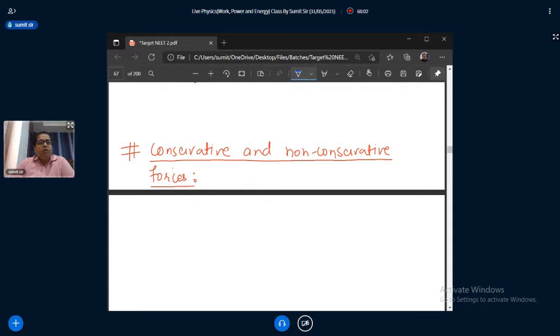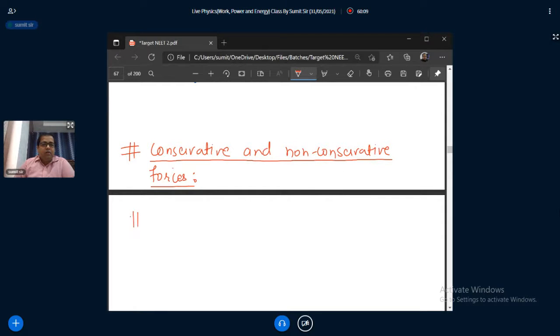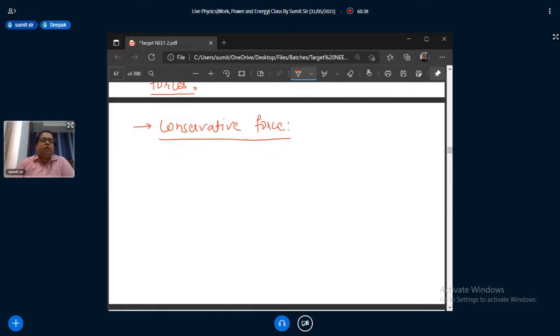Now start with conservative force. Yes, sir. The name suggests the definition: whichever force conserves energy, because we are talking about the conservative nature. So that means the energy is not dissipated. Okay, that force is called conservative force.